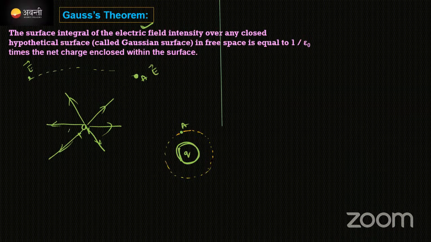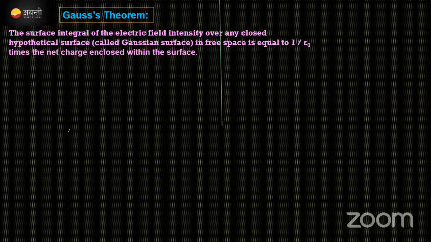Similar structure, we require symmetry. Like that we need to draw. By using this sphere we need to find out the electric field intensity. He stated this law, that's why we call this the Gauss law. We're going to discuss that in this class.